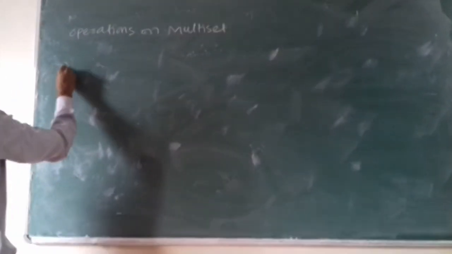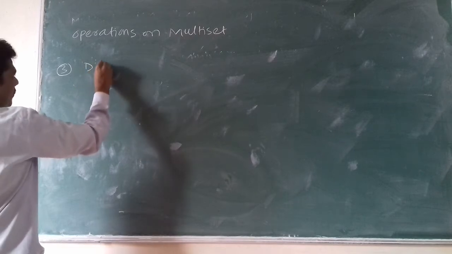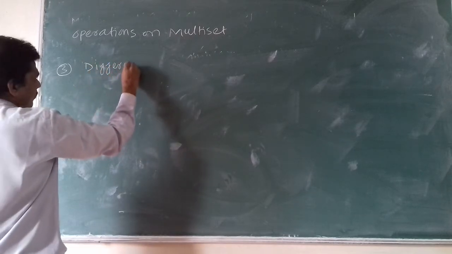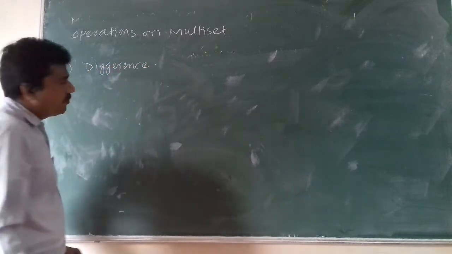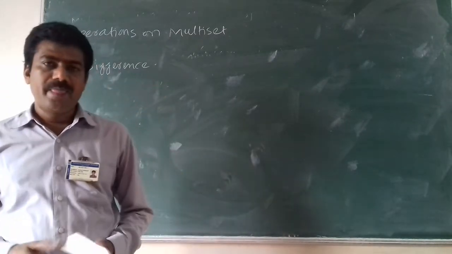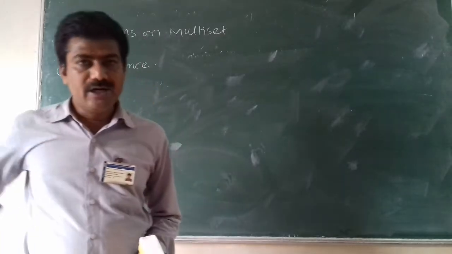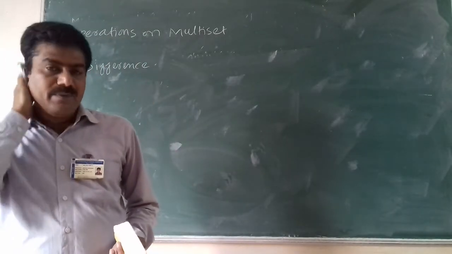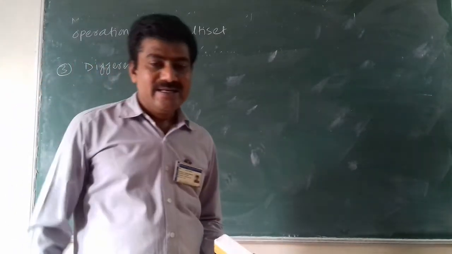Third operation. Now what is the difference operation? It's the multiplicity of an element in the first set minus the multiplicity of that particular element present in the second set.